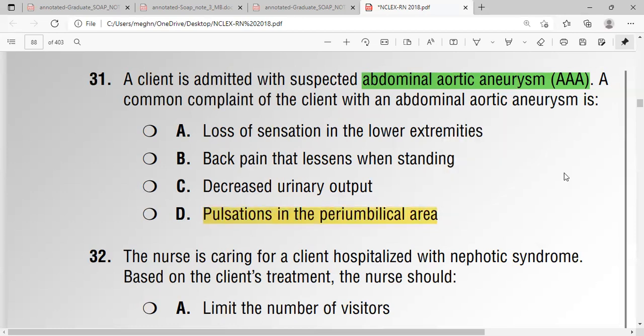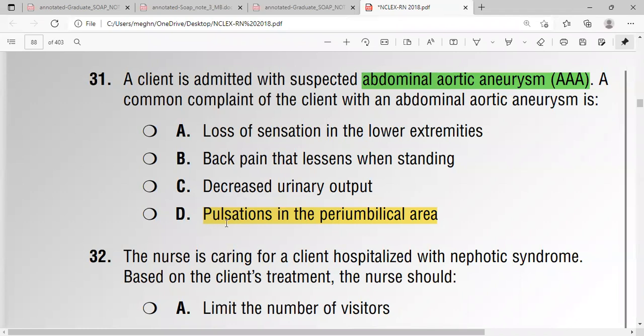So the client with an abdominal aortic aneurysm frequently complains of pulsations or feelings of the heartbeat in the abdomen, pulsations in the periumbilical area. But your pulsation should be more in the left upper chest where the heart is located.